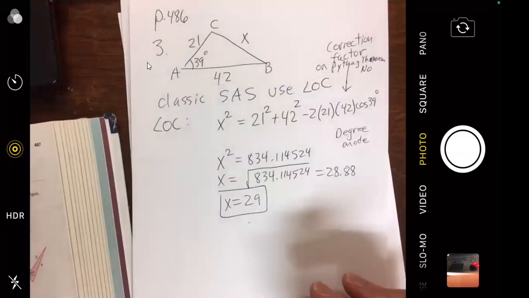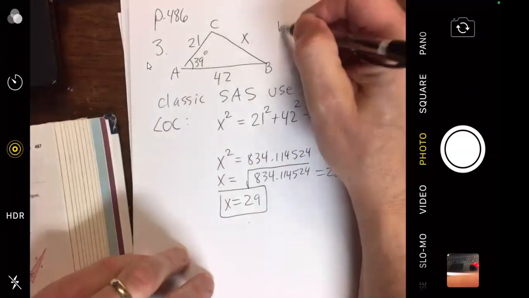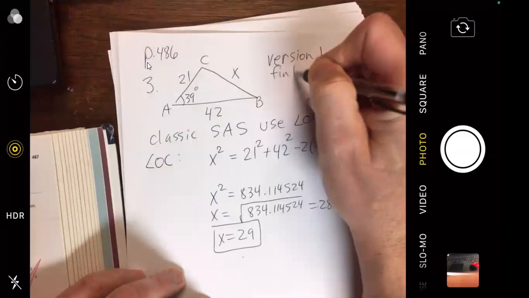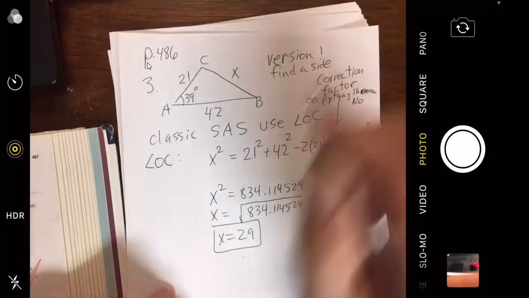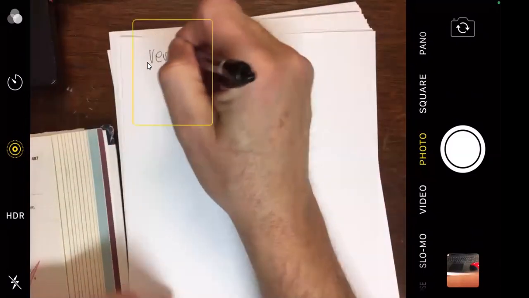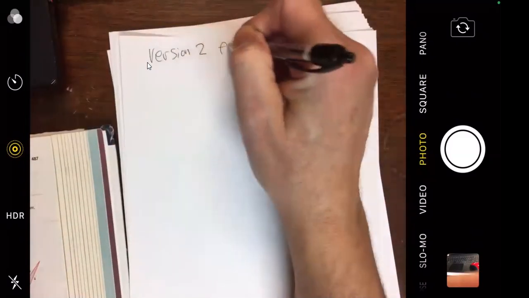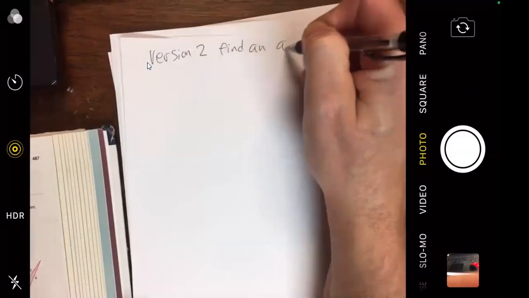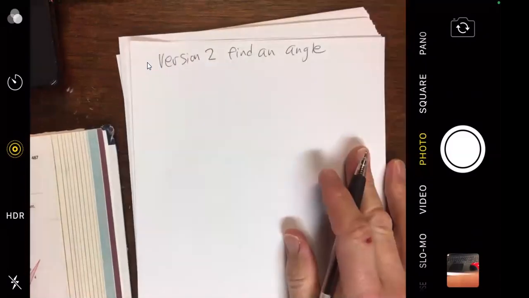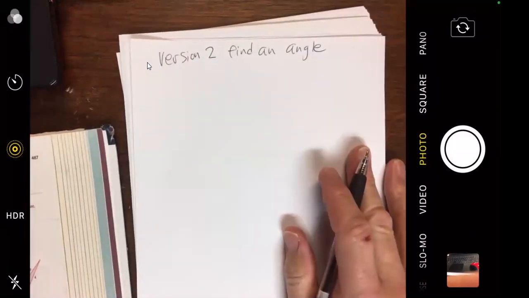Now, they call this version 1, find a side. Let's do version 2, find an angle. Let's see, how about number 7?